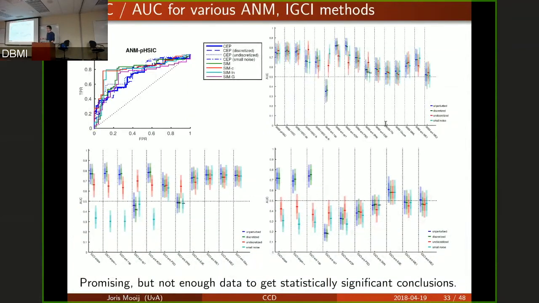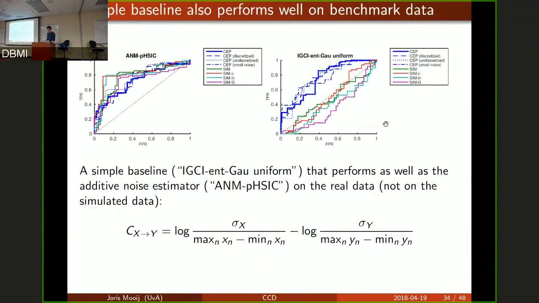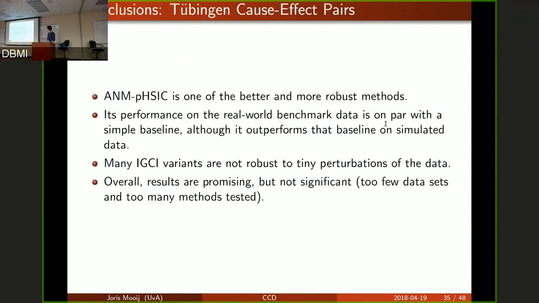The results were kind of promising, it seemed to work, but there's the big but: it was not statistically significant, because in the end we ended up testing so many variants of these methods that if you just do a Bonferroni correction for all those, then your significance is completely gone. If we had only tested the best one, actually the first one from 2007 that we proposed, and had stopped by then, maybe it would have been significant, but now. So, short story, promising but not significant. It's not a convincing success story, I would say.